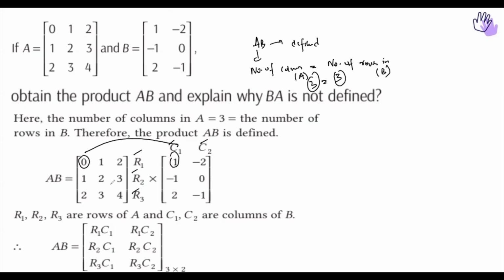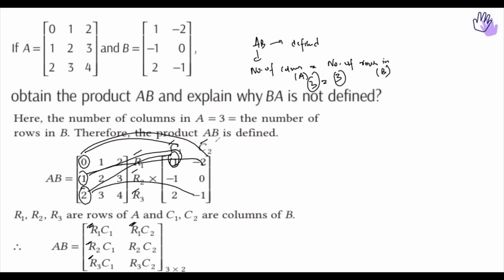And then what will be the second element? This element is what we get as R1 C1. To get this element, you multiply the second row with the first column of B. So it's this. And how do you get this? Multiply this with this. That's how you get it. And to get the next element, R1 C2, you multiply with this, and with this particular thing, and again with this particular thing.